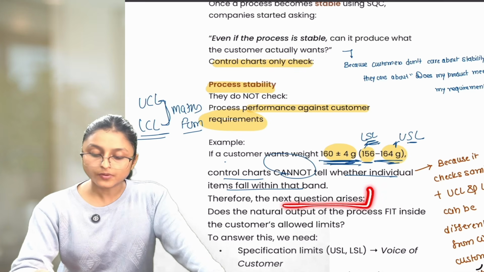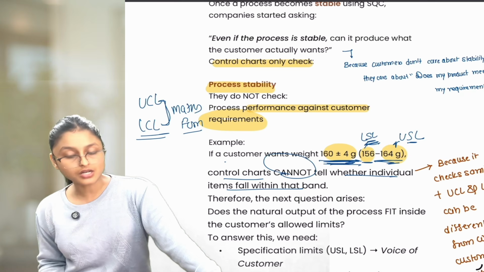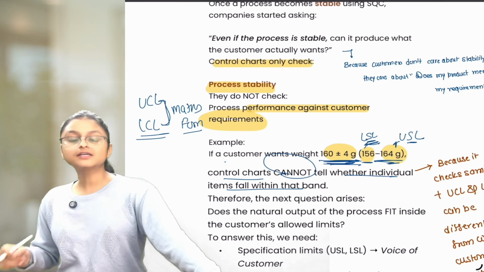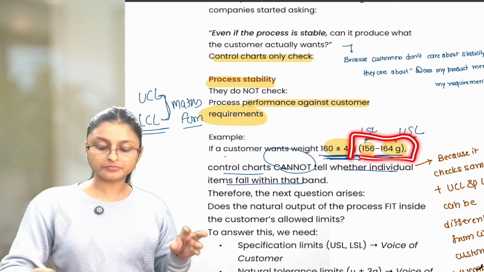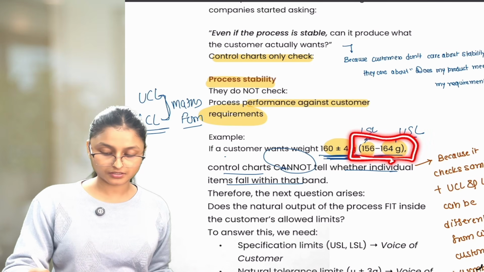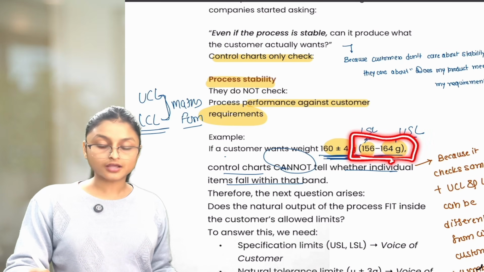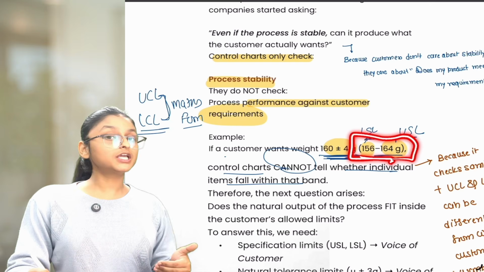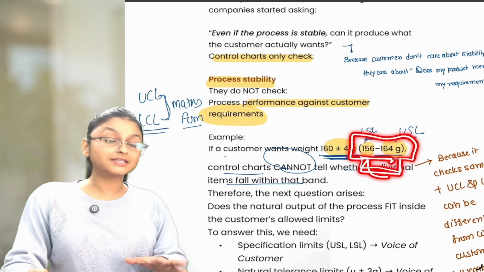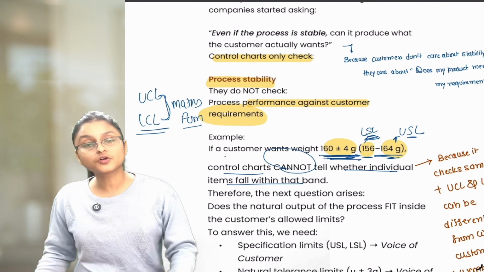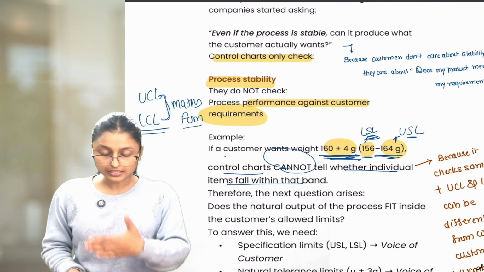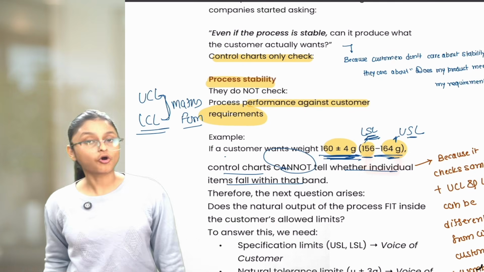Therefore, the next question arises: does the natural output of the process fit inside the customer allowed limits? Now we understood that the customer wants the product between these specification limits. Now we need to check whether we are able to produce the product inside these limits or not. Is the natural output, or most of the output which we are generating, inside these limits or not?